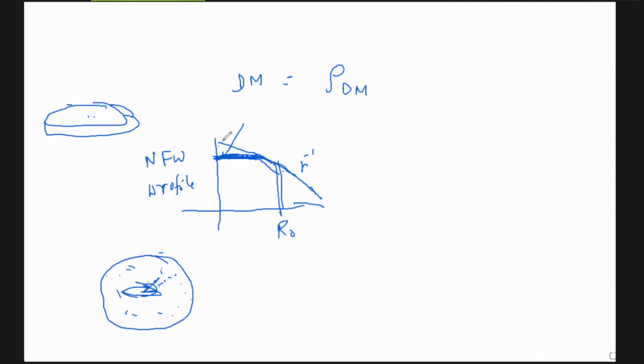NFW actually said that it will rise up towards the center. Rise up means it is called cusp nature. But what we get is called core nature. Core means it's kind of equilibrated, with the same density. This problem is called the core-cusp problem. I will tell you a little later today. This is a huge problem with dark matter. I'll tell you why.